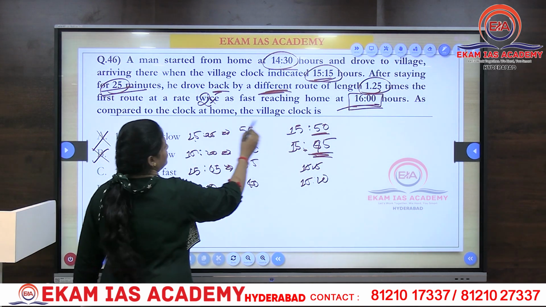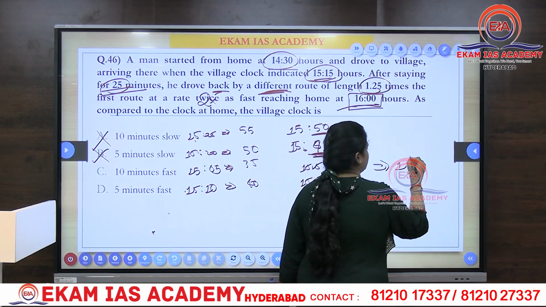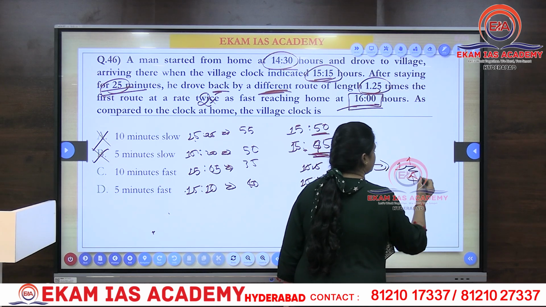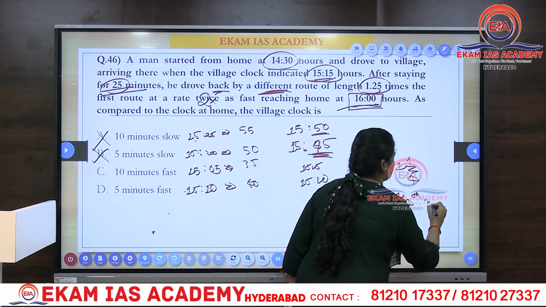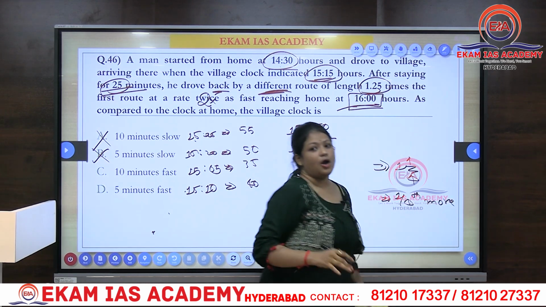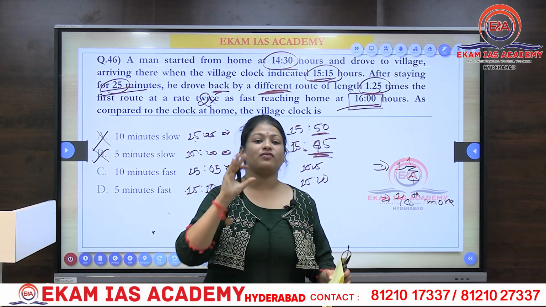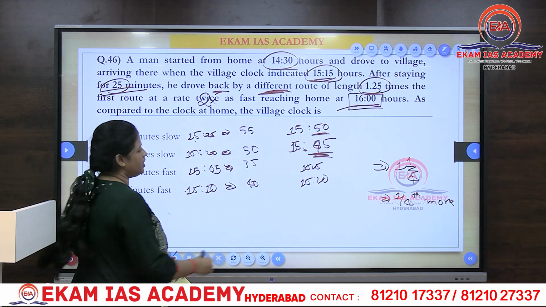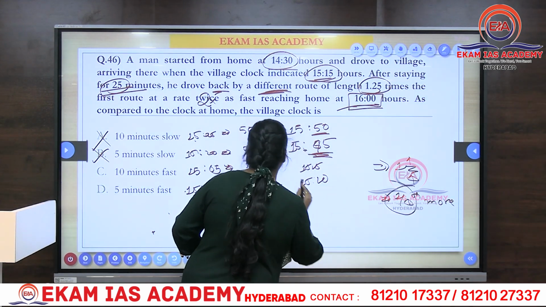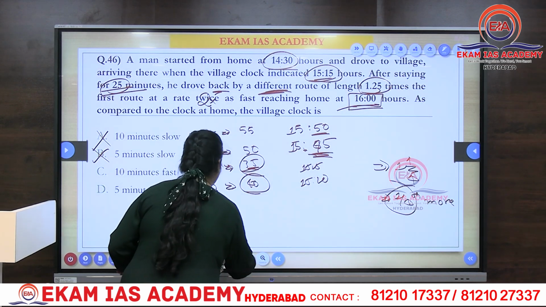Okay. The length of the track is 1.25 times, that means it is 1/4 more. More distance, more time. So the man is going to take 1/4 more time than the time on the first track.